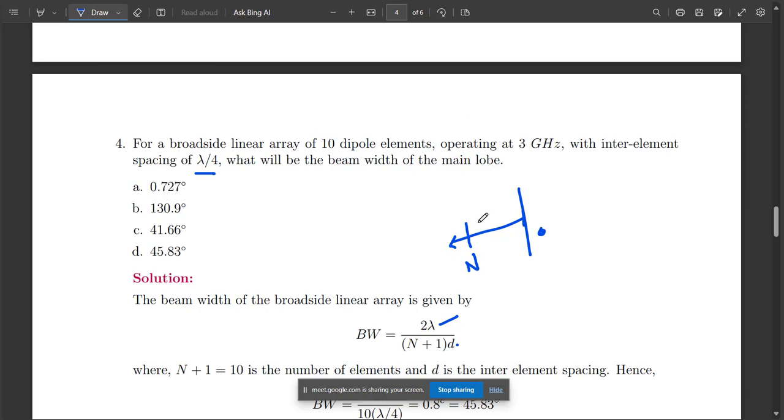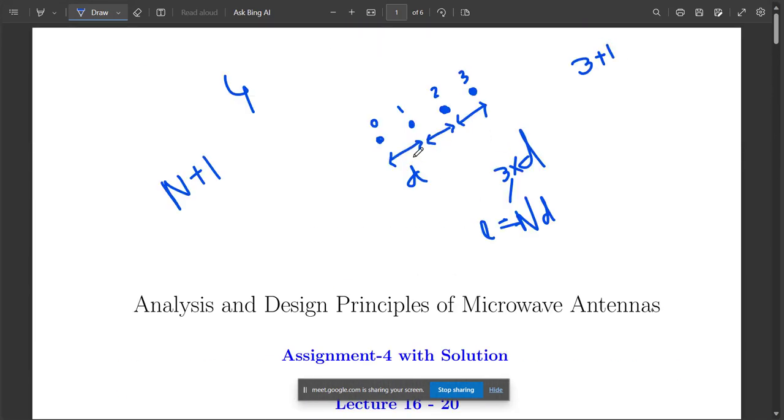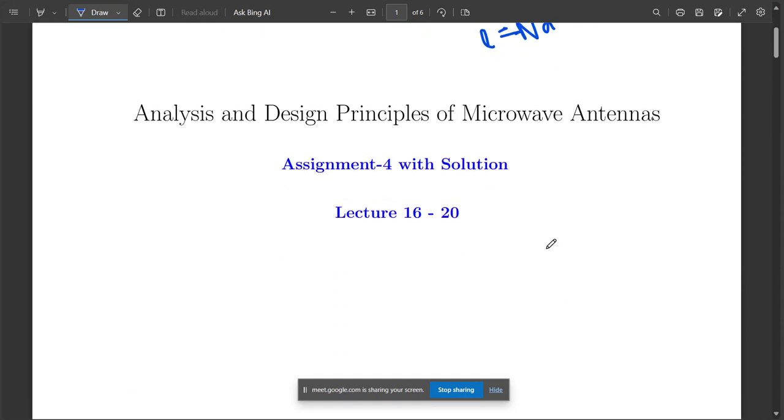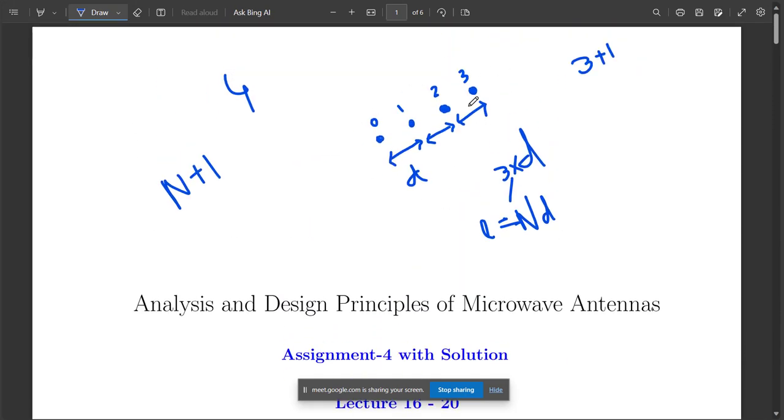Okay, about the linear arrangement. You said this is a linear arrangement, right?